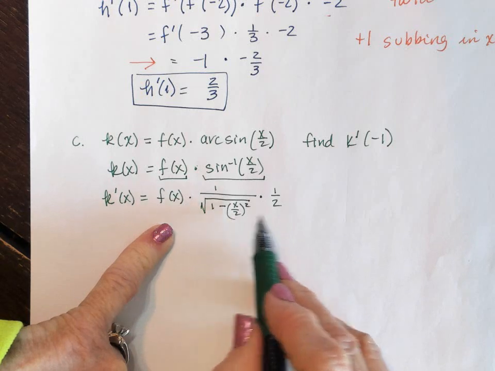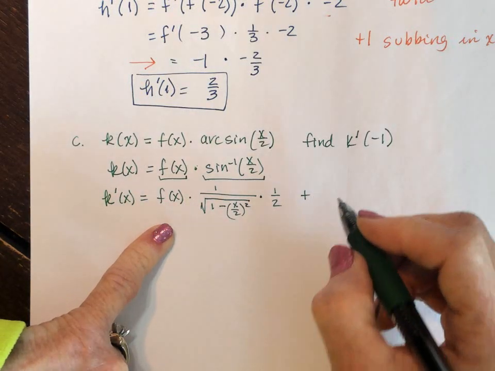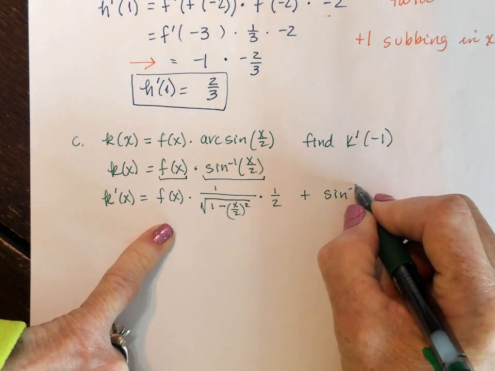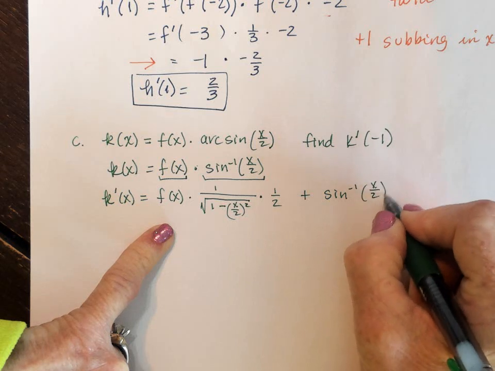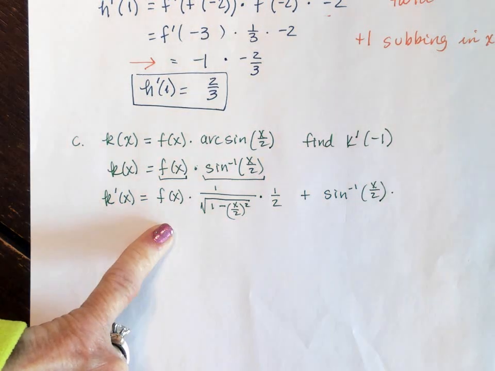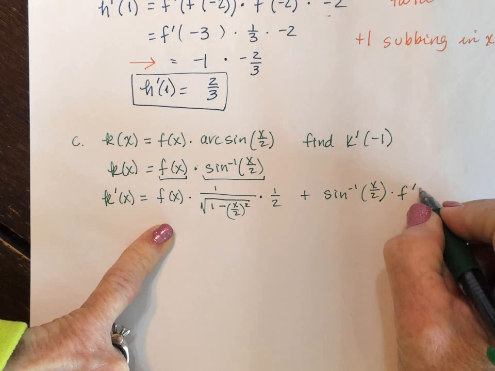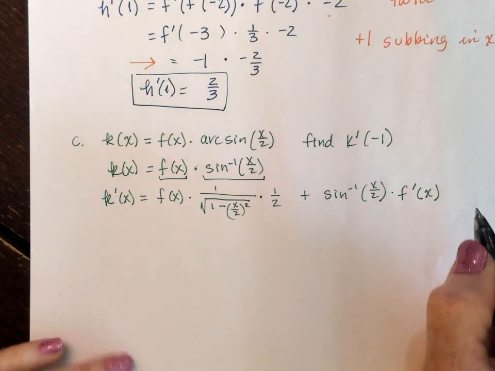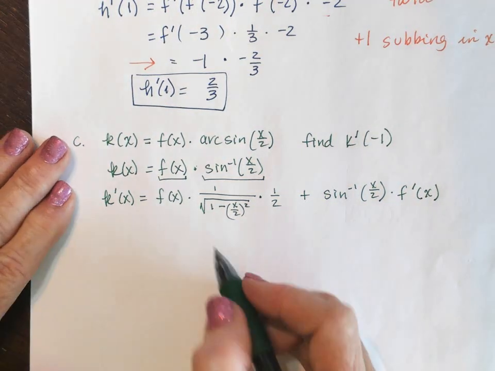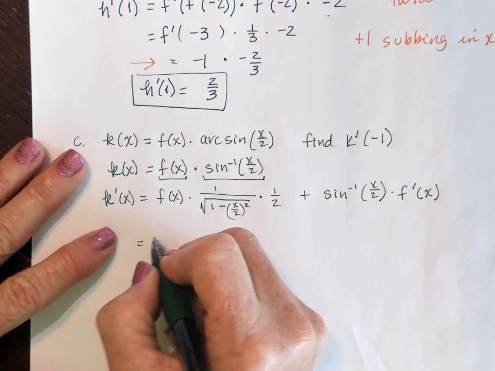This was first, derivative of the second, plus second, inverse sine of x over 2, times derivative of the first, f prime of x. I'm going to clean this up a bit.